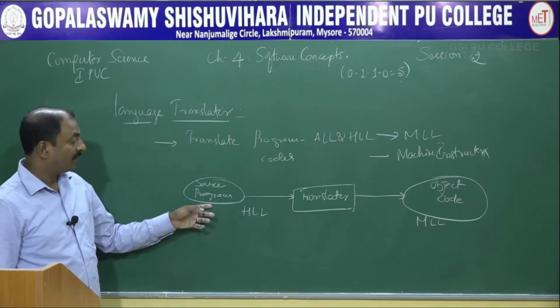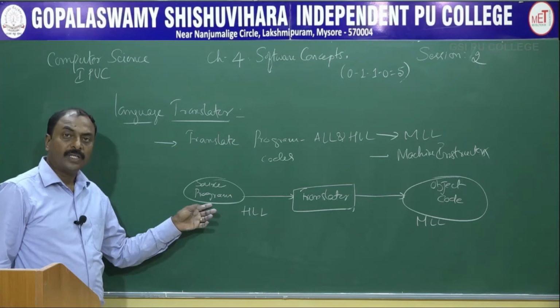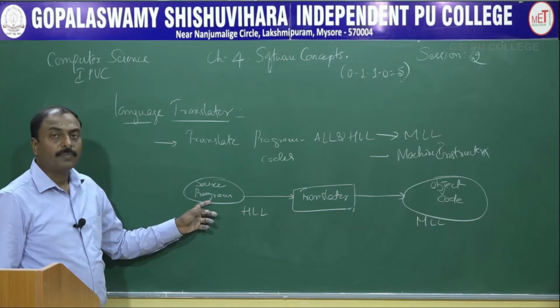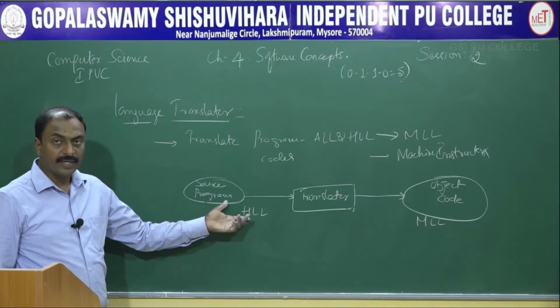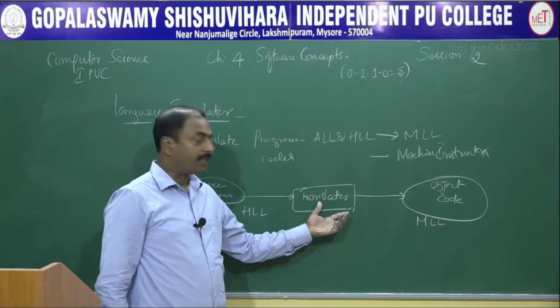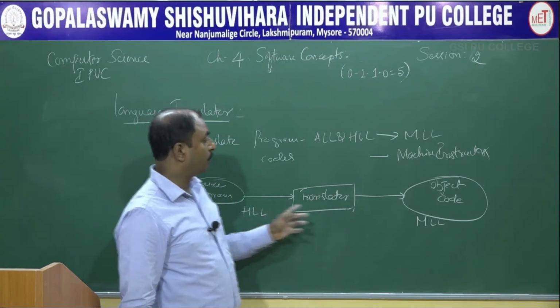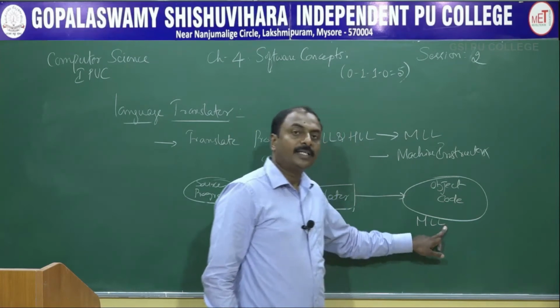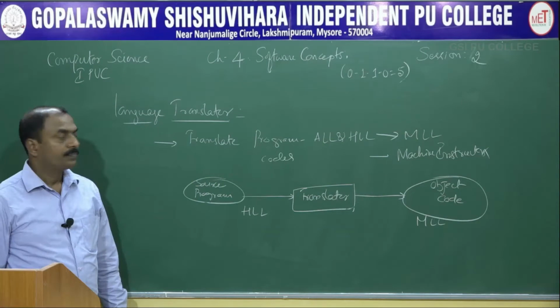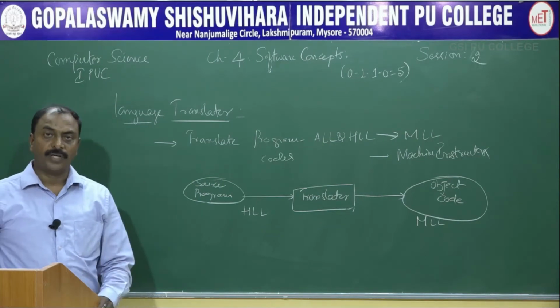So what is the source program here? The program written in any high level language is called a source program. As the computer cannot understand this high level language, it has to be translated. Through the translator, it converts from high level language into machine level language, which is called object code or object program. There are three types of translator.